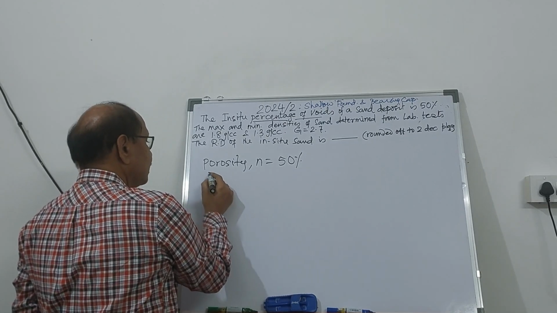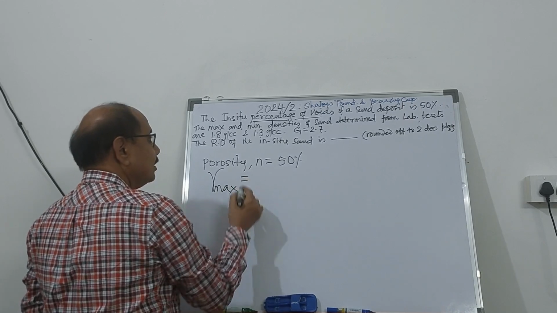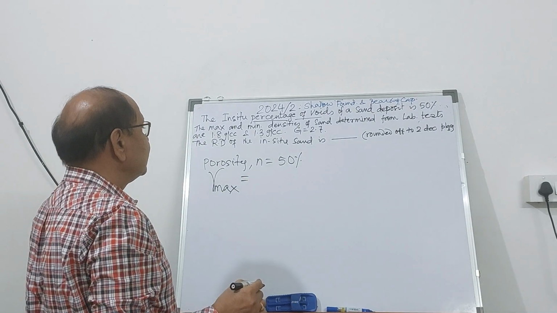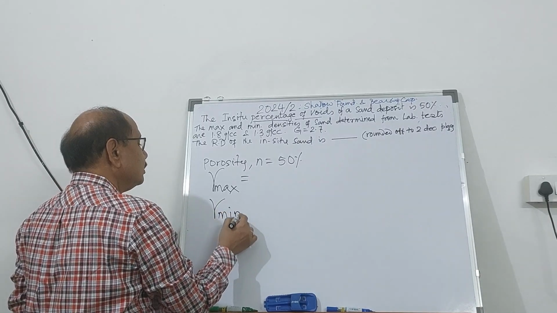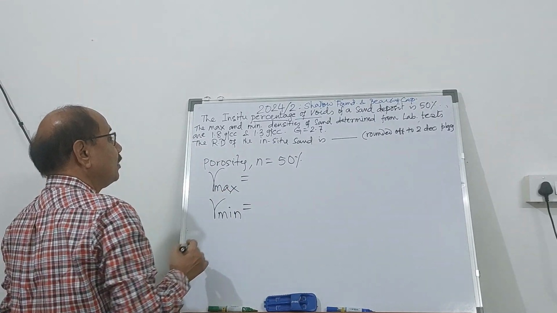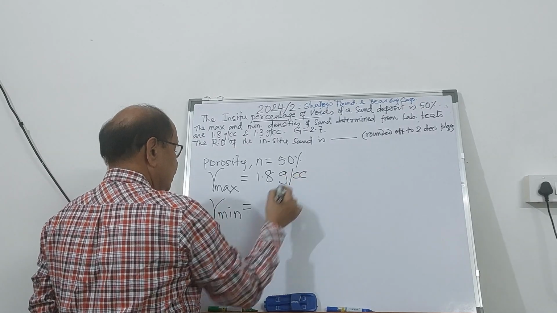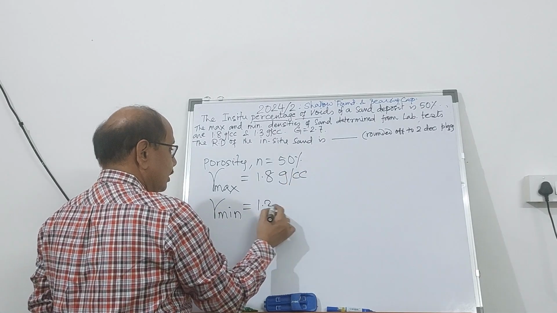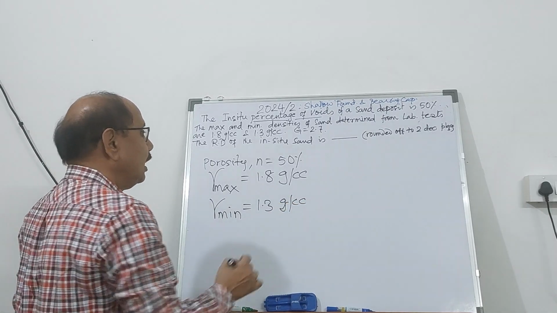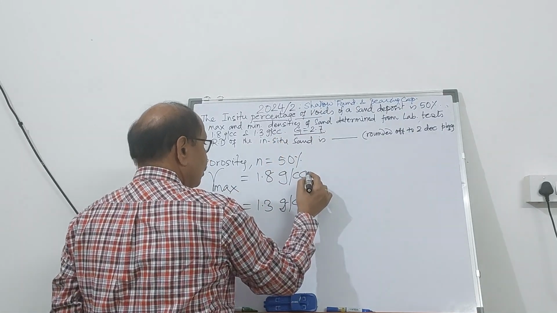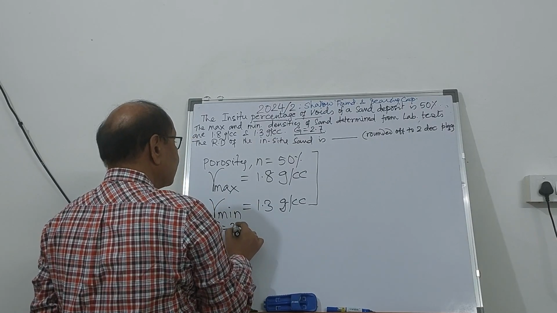So what is given is the unit weight, that is maximum density and minimum density. Maximum is given as 1.8 gram per cc and gamma minimum is given as 1.3 gram per cc. And the specific gravity is also given, so G equal to 2.7.